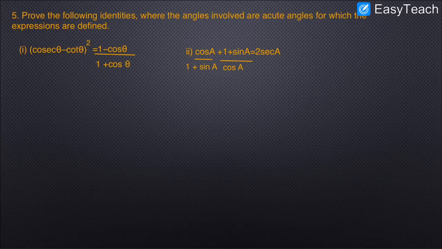The remaining is 1 plus cos A or cos A plus 1, both are the same. Hence LHS equals RHS.